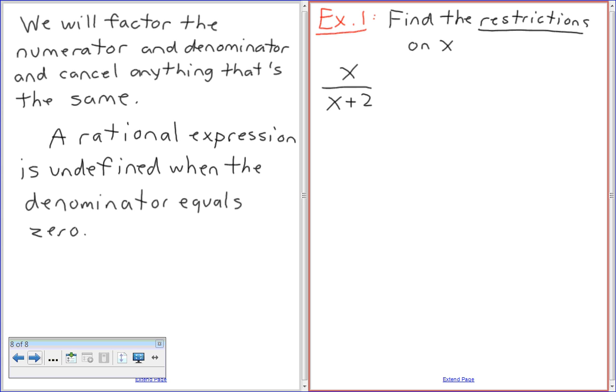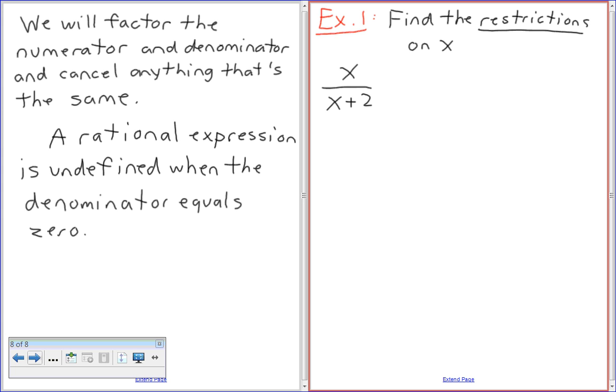So what we're going to say is, what value of X will cause there to be a problem? Negative 2. So basically you're treating this just like a root.